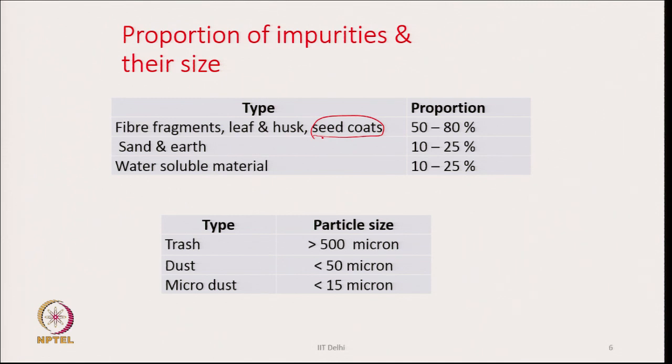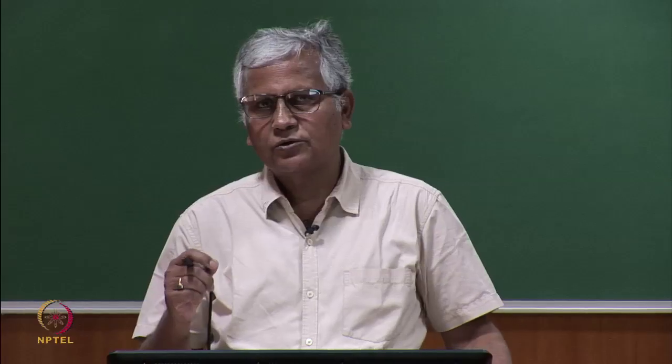While we try to separate the fibers from the seed on the ginning machine, the fibers are so tenaciously attached to the seed that as we pull the fibers out, the coating part of the seed also comes off along with the fibers, and these tiny coatings of the seeds remain attached to the fiber.